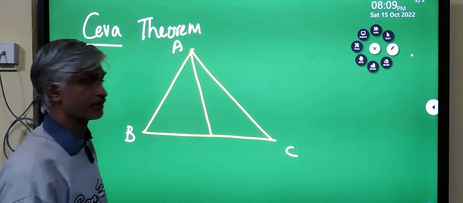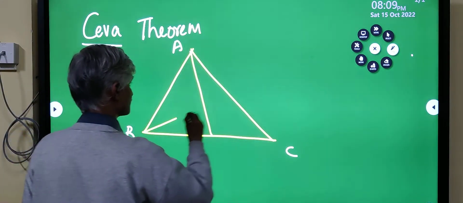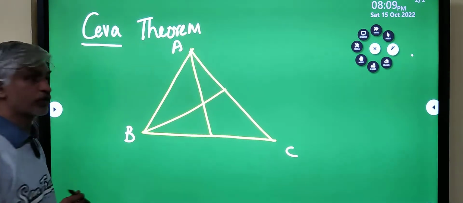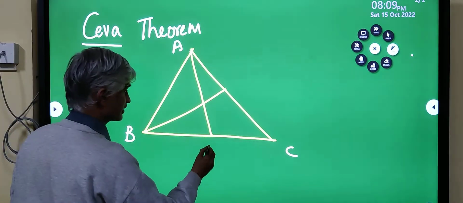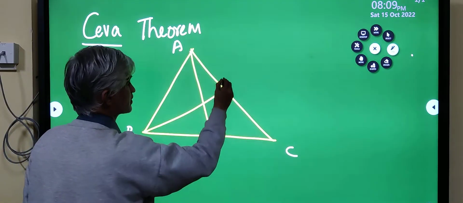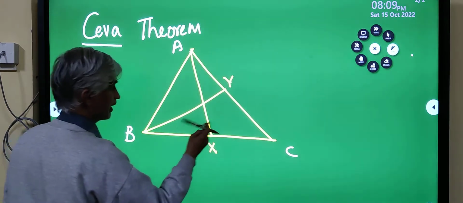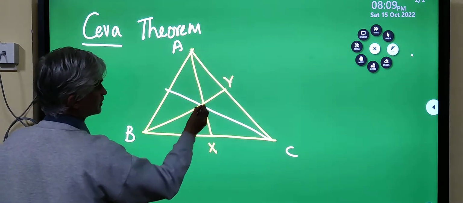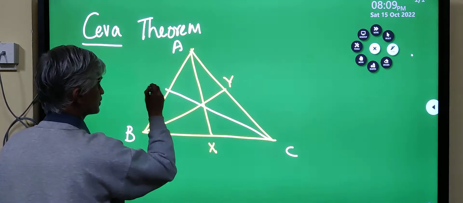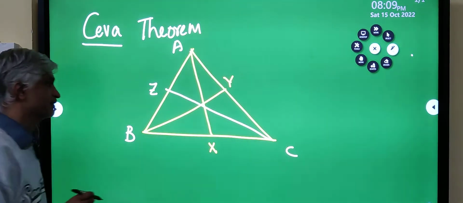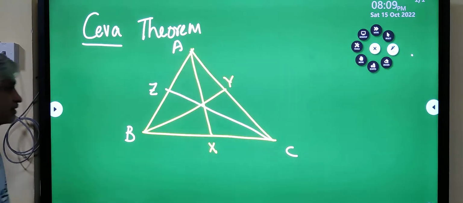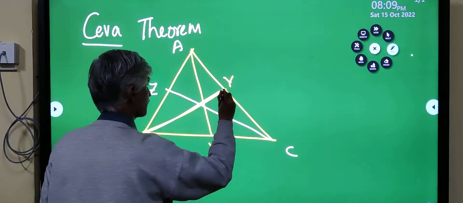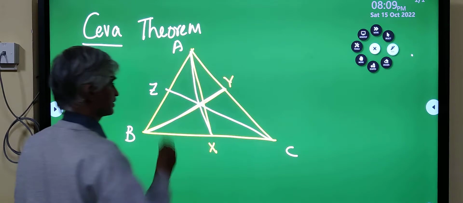It's called a cevian. Now if we draw a few cevians, and let's label them as X, Y, and the third cevian passes through the intersection of the first two cevians, then we say that the three cevians as shown in the diagram are concurrent.